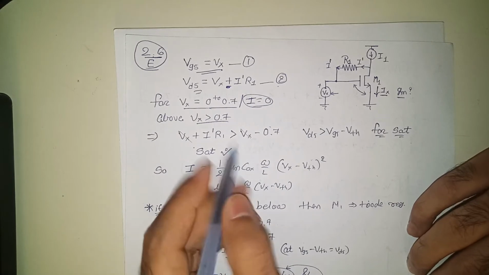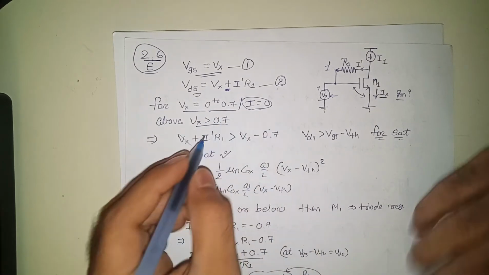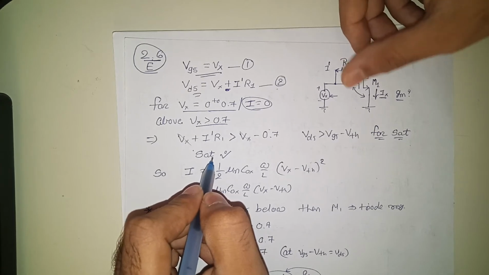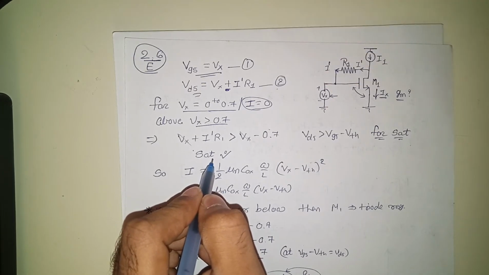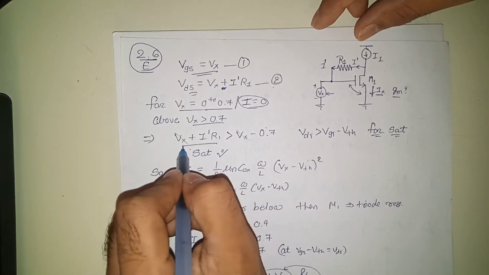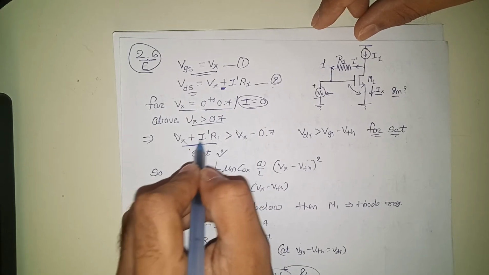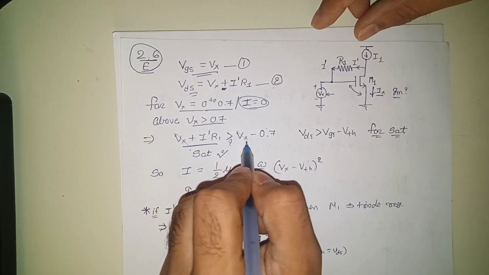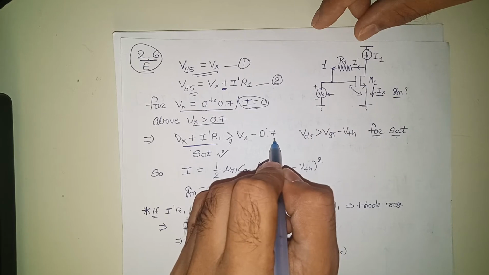So what is the condition of this M1 when Vx will be just above 0.7? This is VDS, Vx plus I dash R1. This is the sign, we need to find, is equal to Vx minus 0.7.